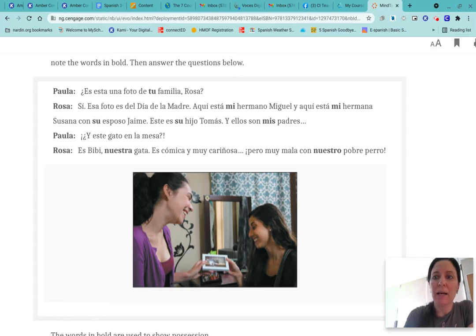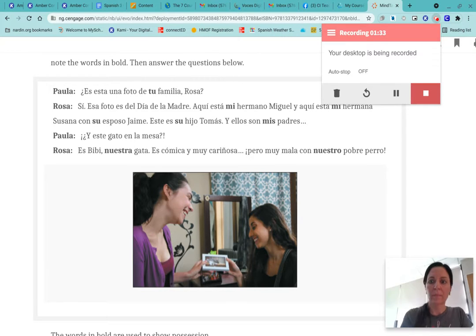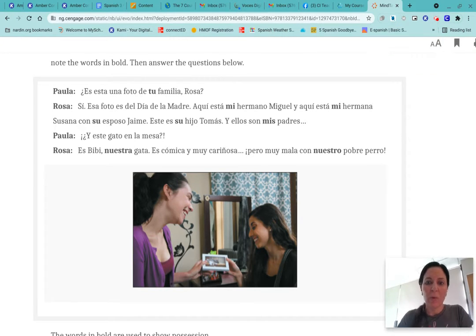Aquí está mi hermano Miguel y aquí está mi hermana Susana con su esposo Jaime. Este es su hijo Tomás. Y ellos son mis padres.